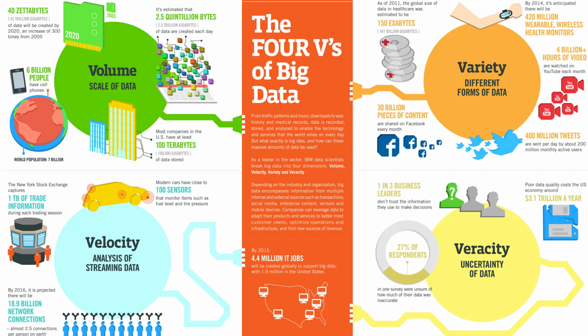Variety refers to the different types of data, like social media data, video data, text data, numbers, a heterogeneous set of data. Veracity refers to the uncertainty of data, poor quality data that sometimes cannot be trusted. All 4 of these aspects bring challenges to data analysis.